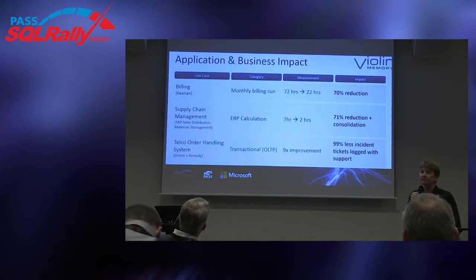That meant they did a lot of extra bottom line on that company because they could do it this fast. A supply chain management went from 7 hours to 2 hours, and a telco order handling system, a remedy system, did a 9x improvement. So you get the picture. If latency is this fast, the application will run much, much faster.